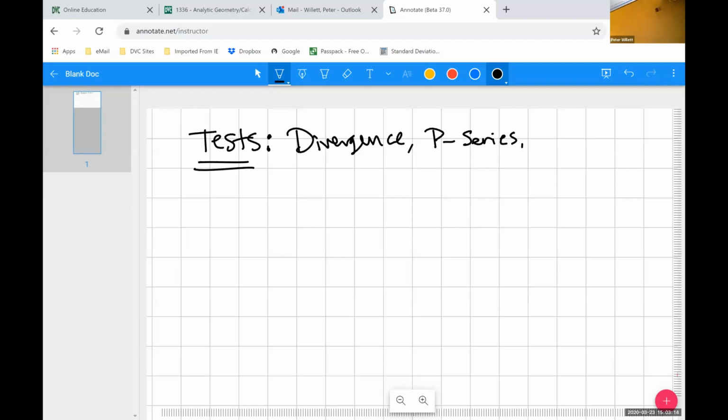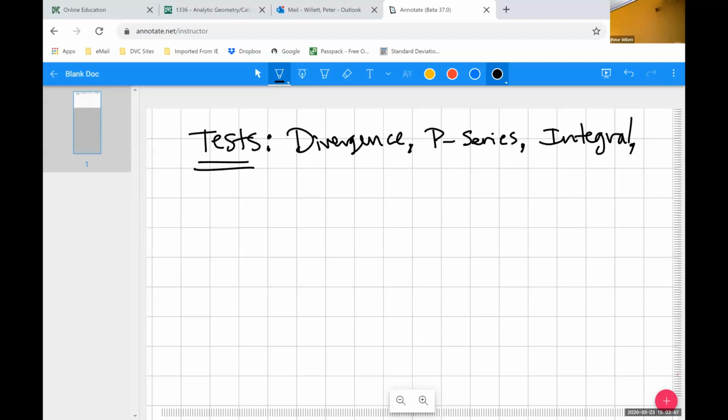So then we had the integral test. And that said that if you can do an improper integral of the function that matches your formula for your terms, and the improper integral goes from 1 to infinity, then if the improper integral converges or diverges, so will the series, if you can figure that out.